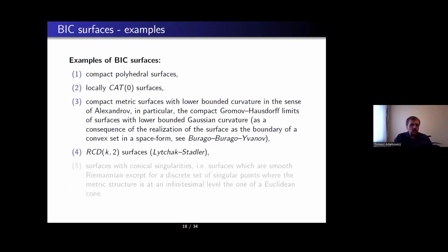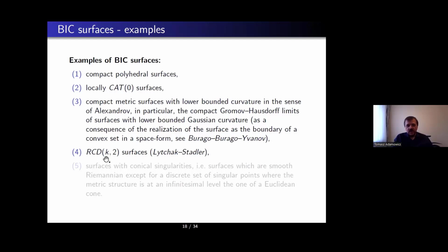Also, some more recent advances in this area show that RCD surfaces are Alexandrov surfaces, and this can be found in a paper by Wilczak and Stadler. RCD spaces, without stepping into the definition, are a successful approach to study metric spaces with a counterpart of Riemannian geometry on them.